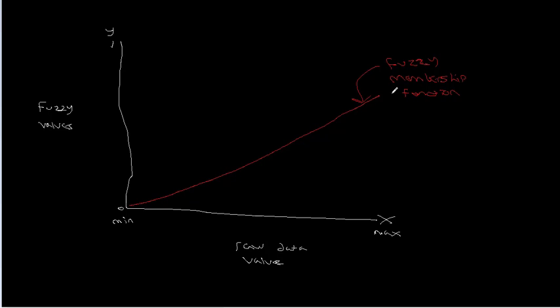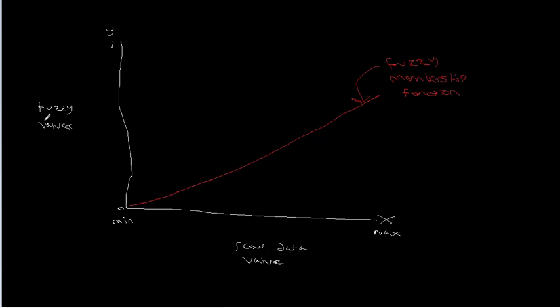Now, in reality, if we dig deep enough, there is a mathematical function that is describing this. There's an equation that's describing this graph here. We're not so much worried about the actual equation as much as we are the relationship that this line creates between our raw data value and our fuzzy value.